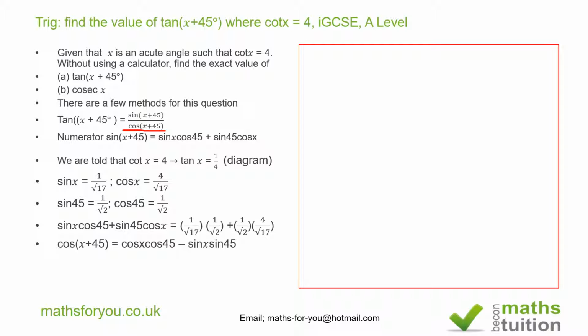Now to put some numbers in, we have that cos x is 4 over root 17, cos 45 is that one there, and sin x is this one here, and sin 45 is that one there.